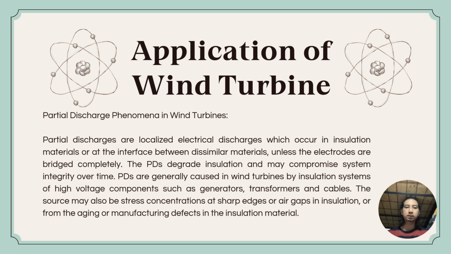Partial discharges are generally caused in wind turbines by the insulation system of high voltage components such as generators, transformers, and cables. The source may also be stress concentration at sharp edges or air gaps in insulation, or from aging or manufacturing defects in the insulation material.